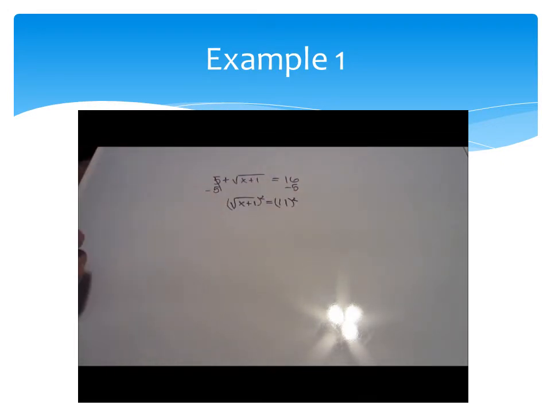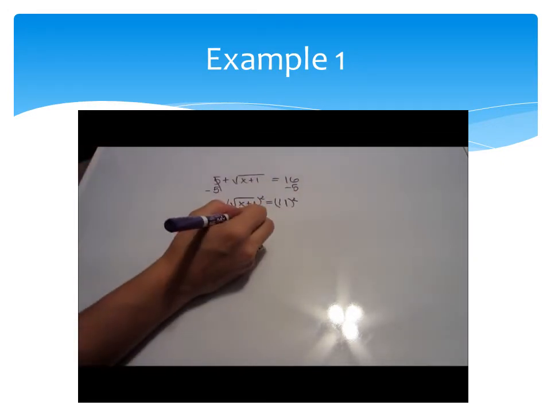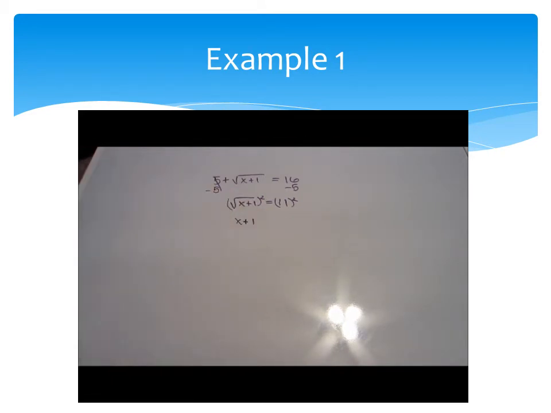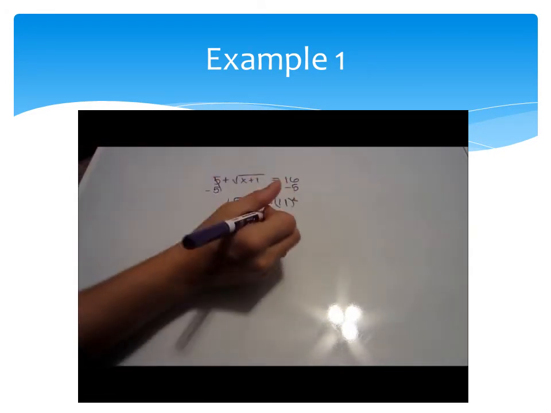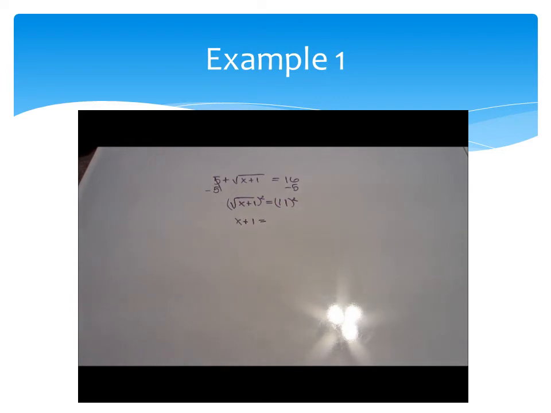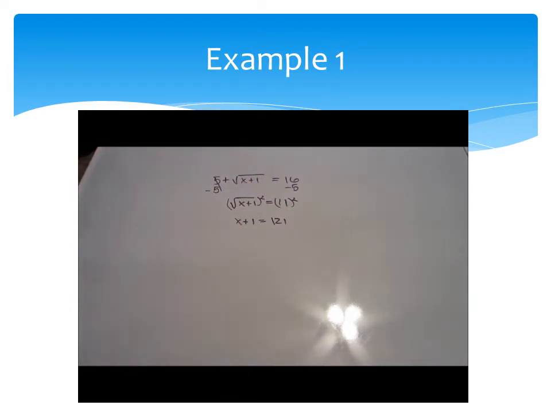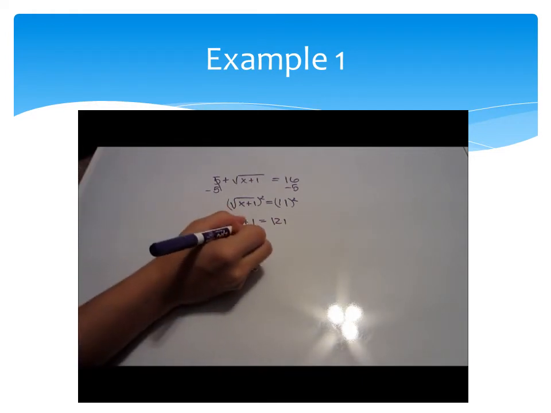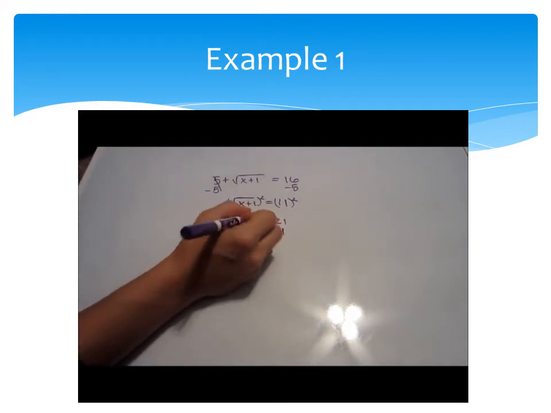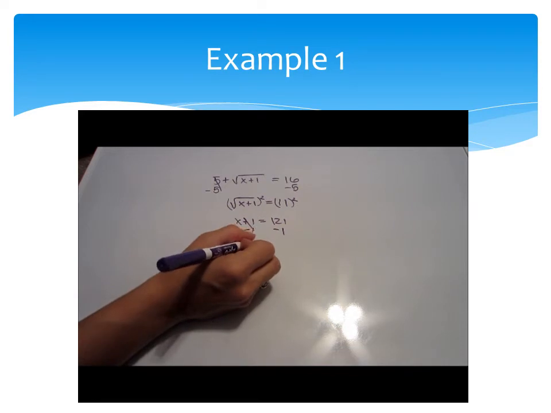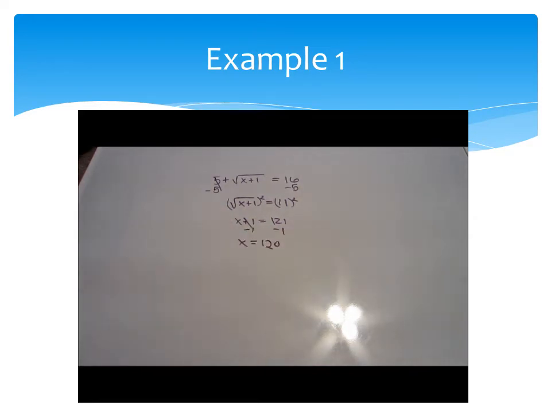Now on this side, the square undoes the radical, so we have x plus 1 left behind. We just take off the radical sign, and on the other side, we have 11 squared, which is 121. Now, we just subtract 1 from both sides, and we get a solution of x equal to 120. And that's our final answer.